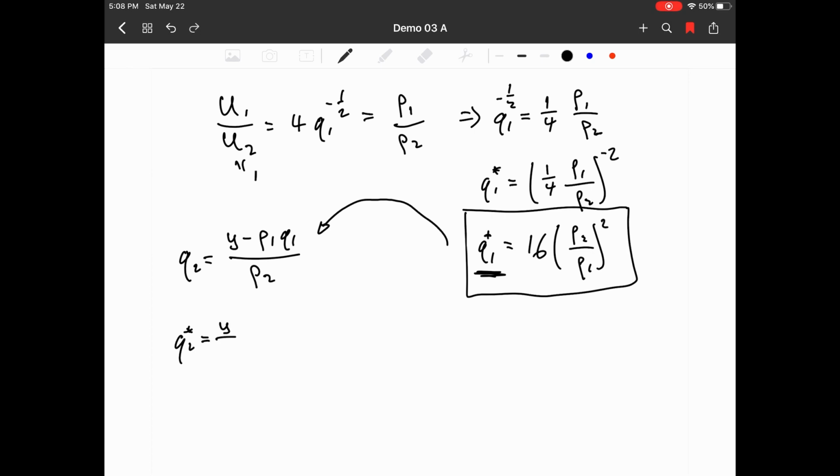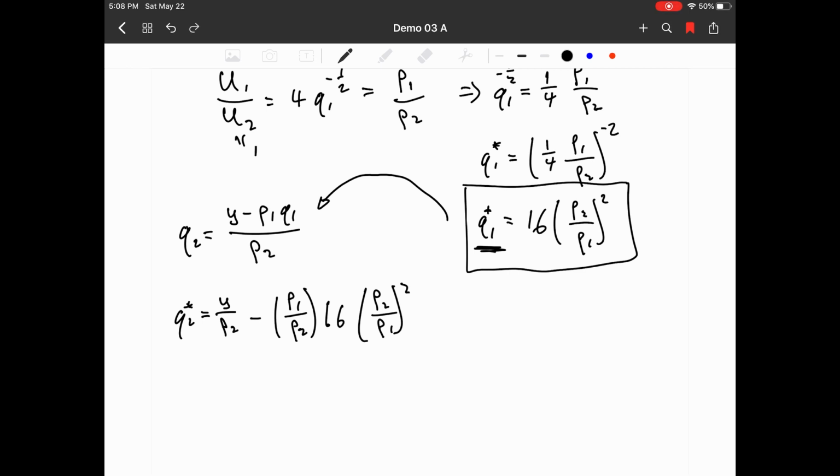So let's just write this out. We have y over P2 minus P1 over P2 times Q1, which here is 16 times P2 over P1 squared.